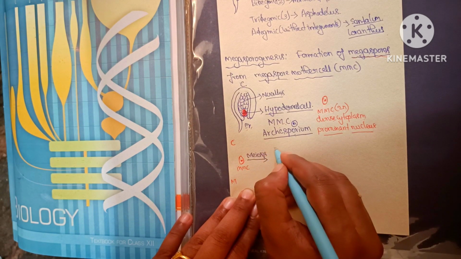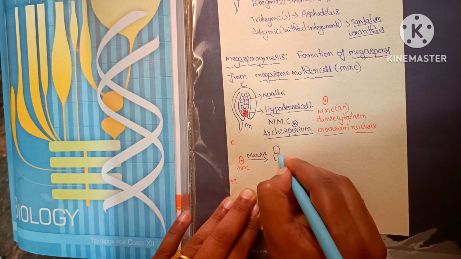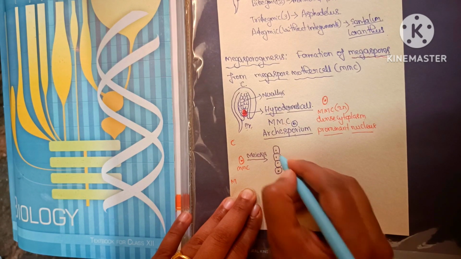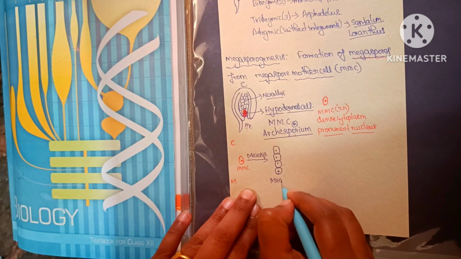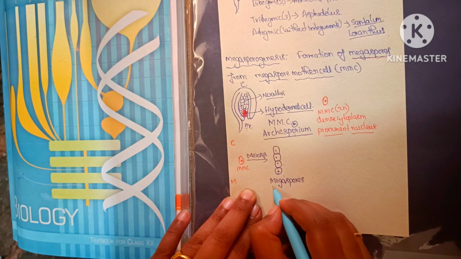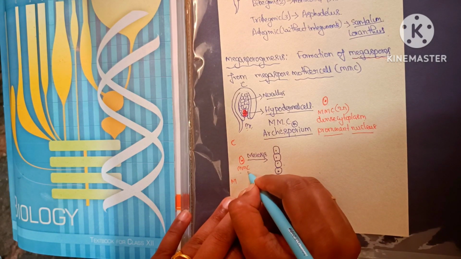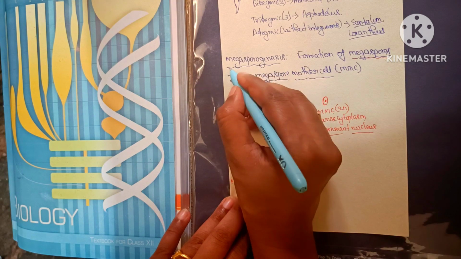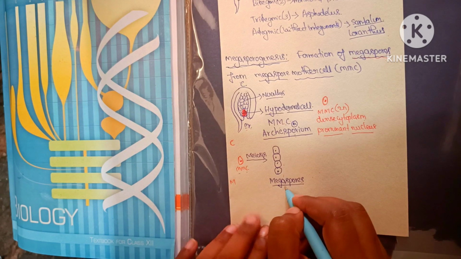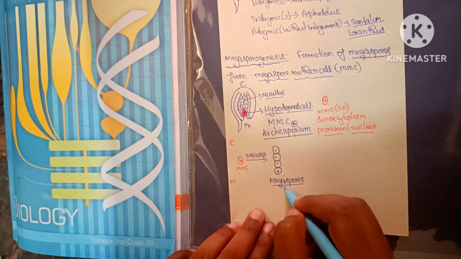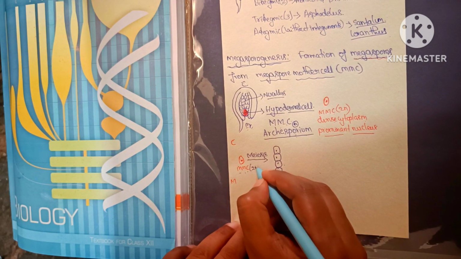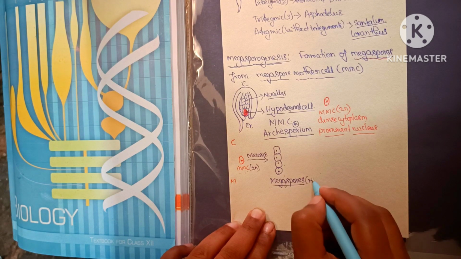As we know, meiosis will produce four haploid cells, and these four haploid cells are now called megaspores. This process of formation of megaspores from the megaspore mother cell is called megasporogenesis. This is a one mark question. If they ask what is megasporogenesis, you can write: the process of formation of megaspores from the megaspore mother cell. We need to remember, the megaspore mother cell is diploid and megaspores are haploid.